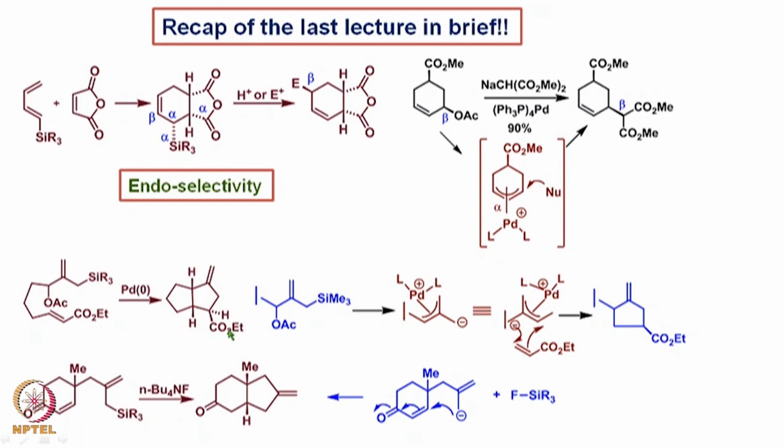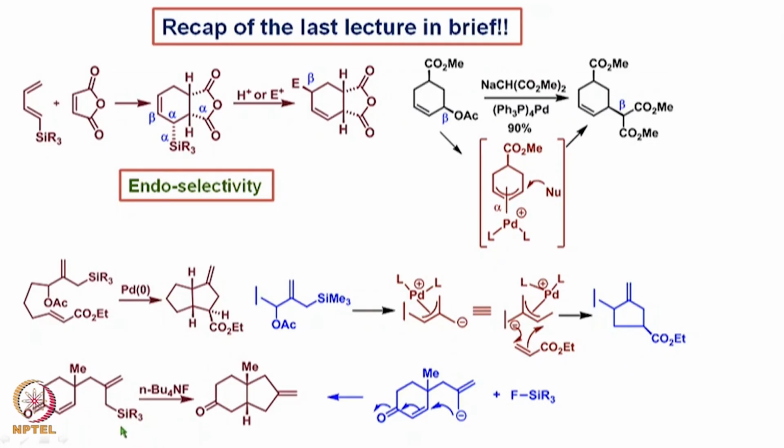We discussed in detail how this allyl acetate and allyl silane containing compound forms a kind of 1,3 dipole, which is guided by the formation of the pi-allyl palladium complex, and the leaving group that comes out from here cleaves the carbon silicon bond to make an anion here. Such a dipole then interacts with the alpha beta unsaturated system to allow a 3+2 cycloaddition to form this kind of cyclopentane molecule.